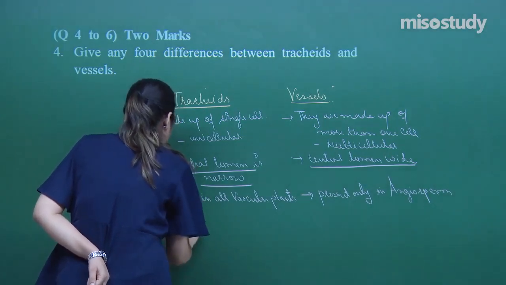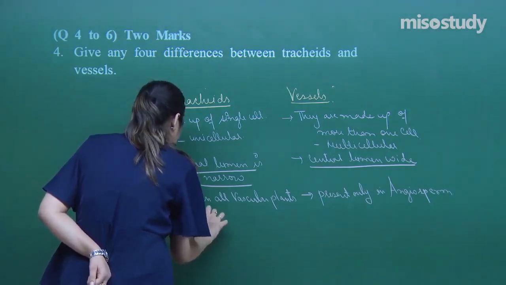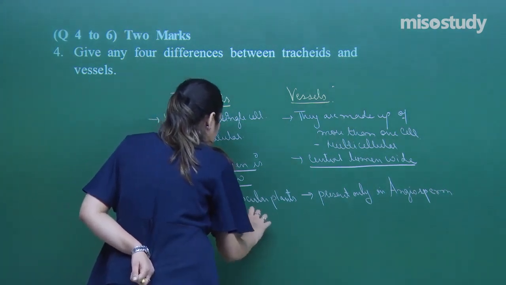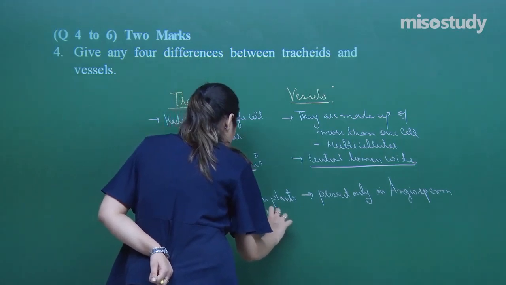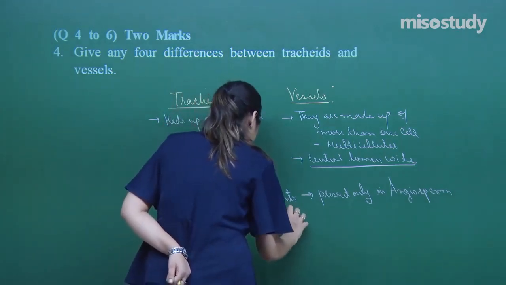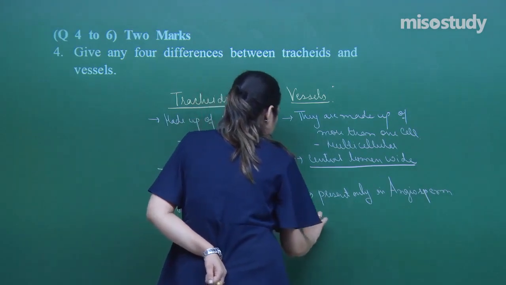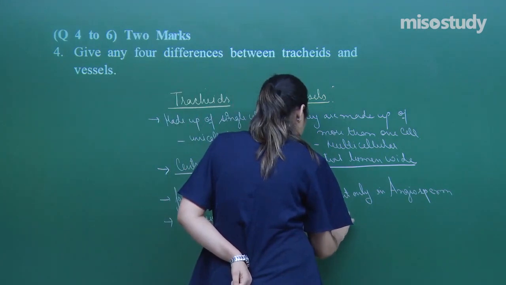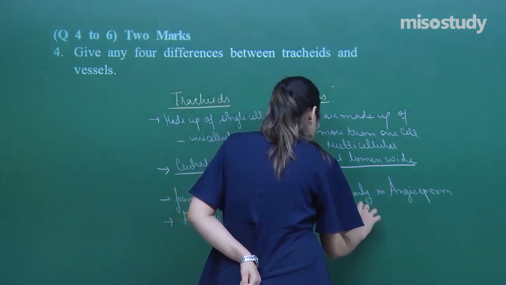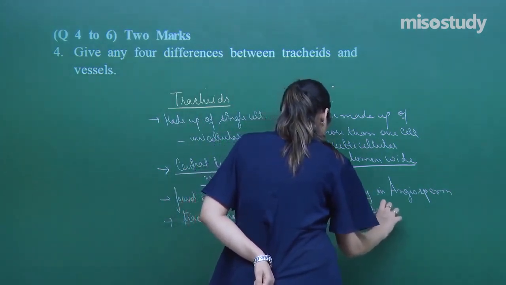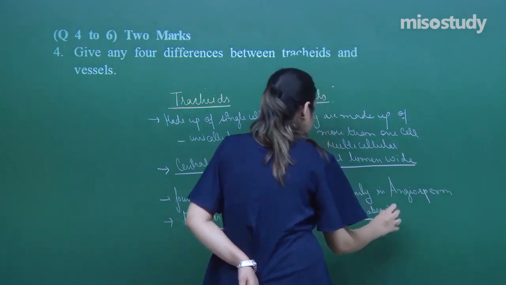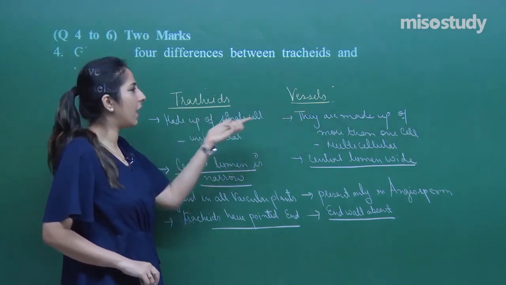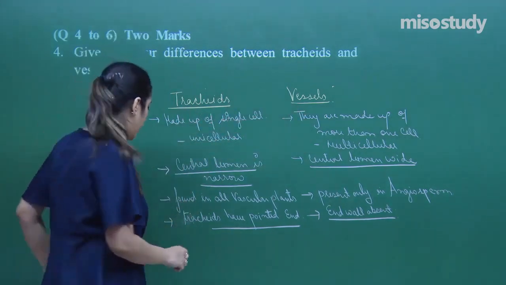Tracheids have a pointed end, whereas in vessels the end walls are absent. Tracheids are shorter, and they are dead at maturity.